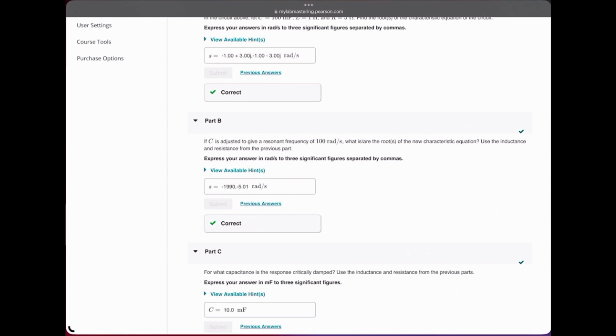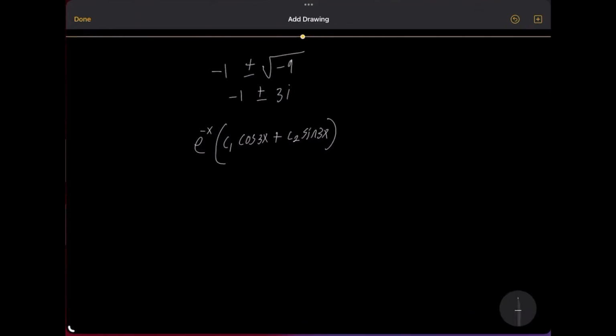And we're just adjusting capacitance so that this new frequency is equal to 100. So it's going to be 100 is equal to 1 over root LC. We're adjusting C only, so we have to solve for C.